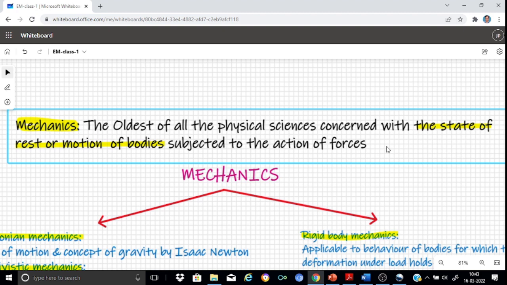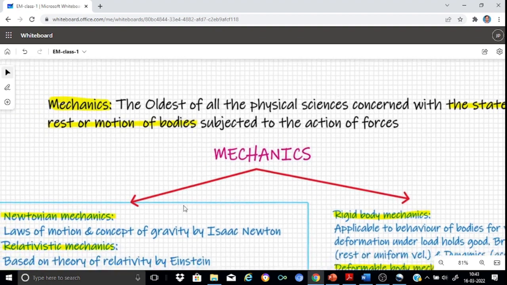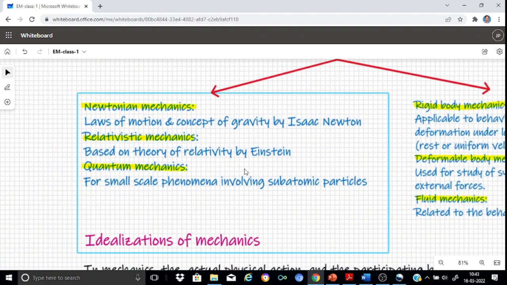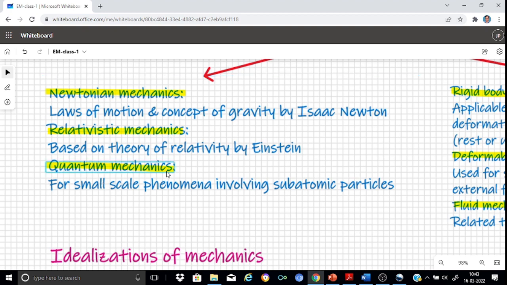Now let us see the broad classification of mechanics. Based on the theoretical background involved, mechanics can be broadly classified as Newtonian mechanics, relativistic mechanics, and quantum mechanics.